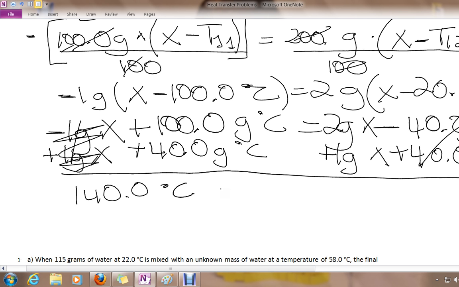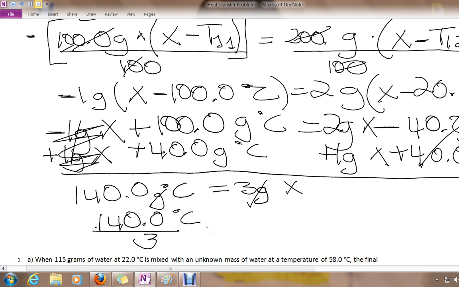degrees Celsius grams equals 1 plus 2, 3 grams x. Now grams and grams cancel out, so you're going to have 140.0 degrees Celsius divided by 3, which gives me the final temperature.